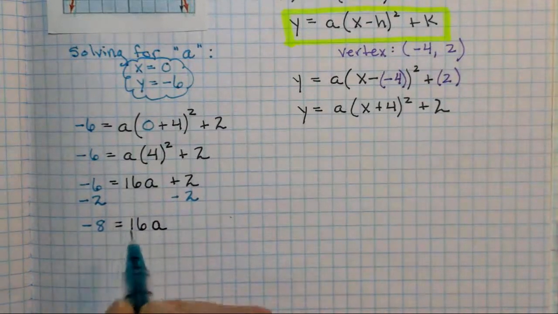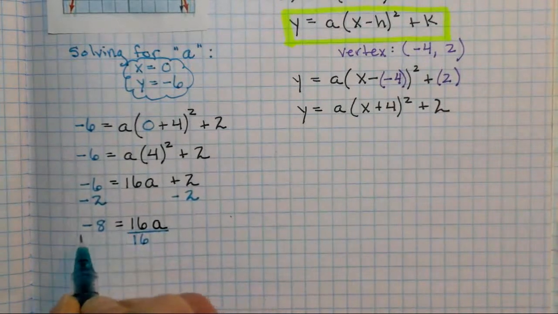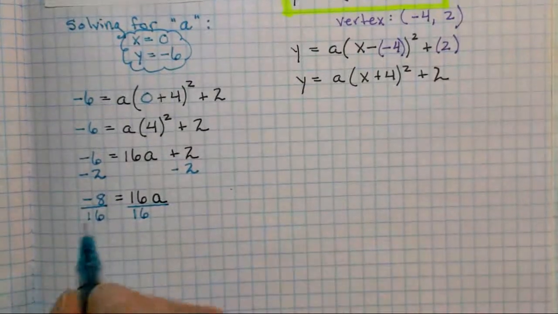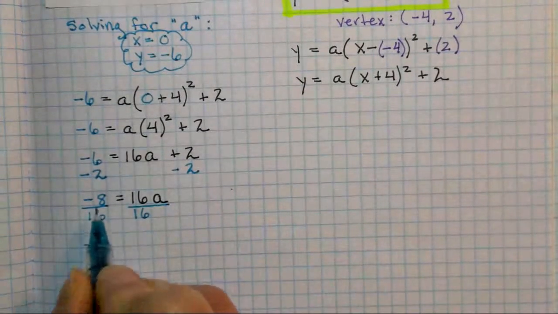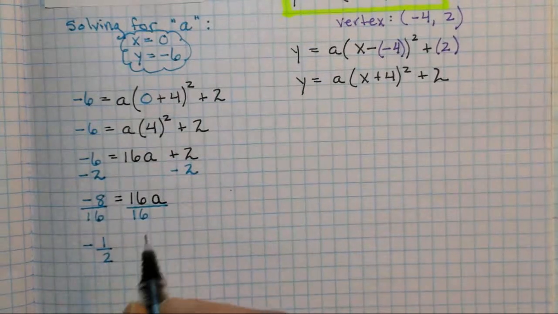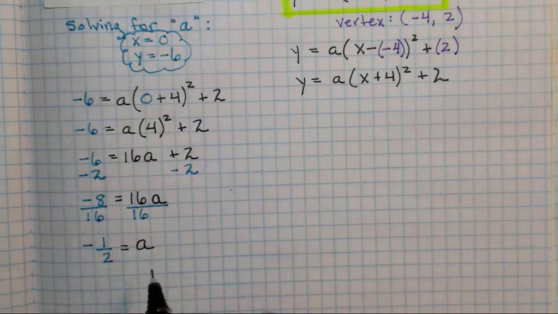Now I'm going to divide by 16. And so that gives me -1/2 is equal to A. Okay, so I just solved for A.